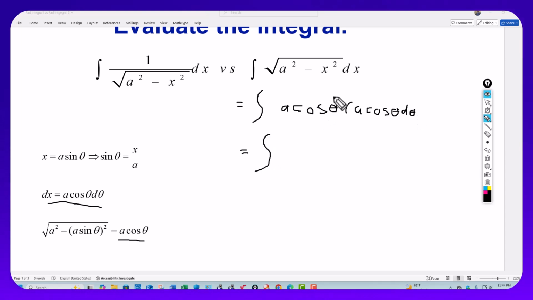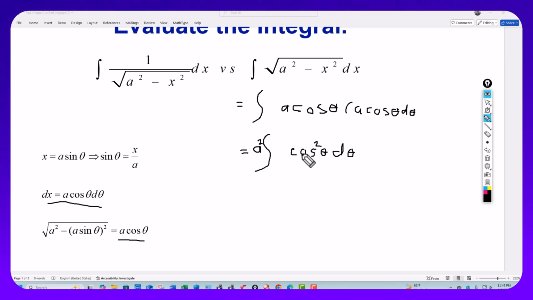And then we continue here, multiply through, get a times a. That's a squared. I'll put it outside, since a is a constant, so I can take it outside the integral. A squared, and then I'll get a cosine squared theta d theta.